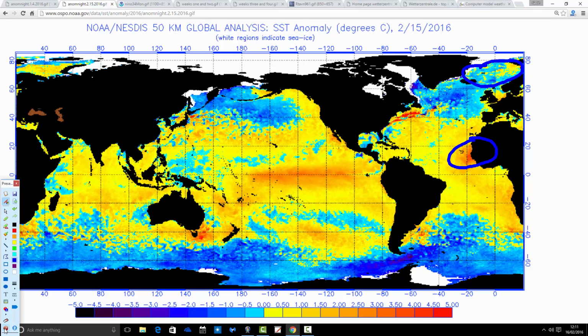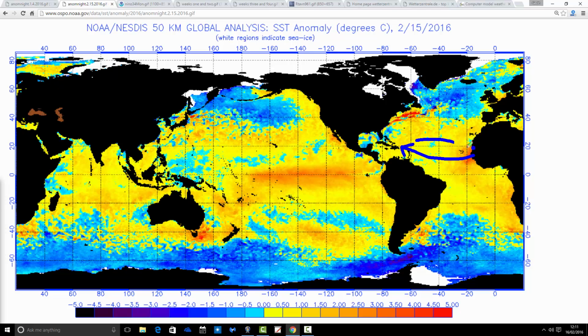If this starts to push out towards the tropical part of the Atlantic, so if this area starts to warm just here, particularly if we get a La Nina setting up, that could really impact the hurricane season in the Atlantic, and we could have a much, much more active hurricane season than we've had over the past 2 or 3 years.